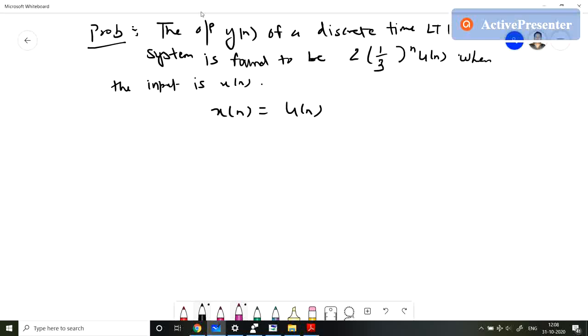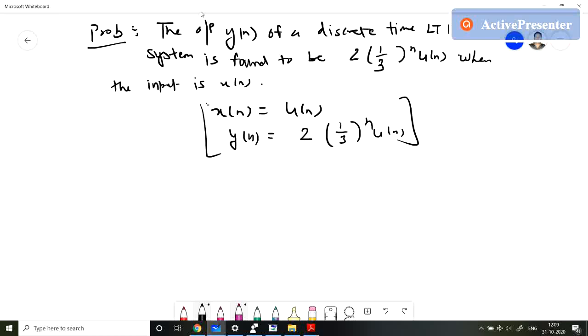So basically y[n] is given as 2 (1 by 3) raised to the power n u[n], and x[n] is also given.